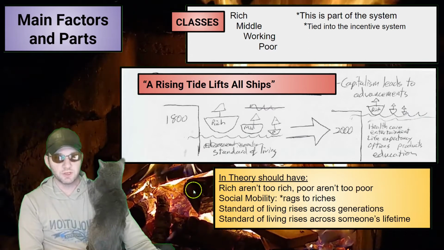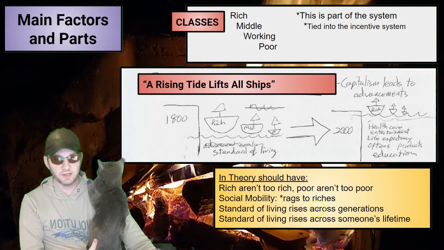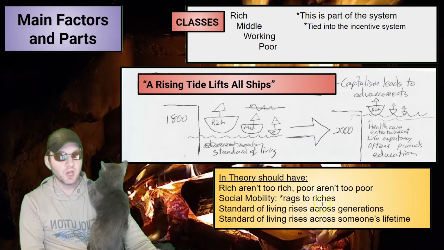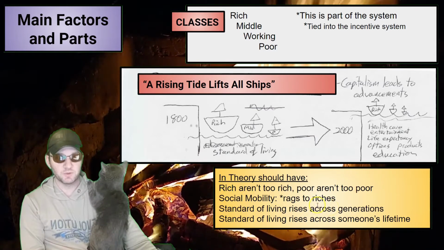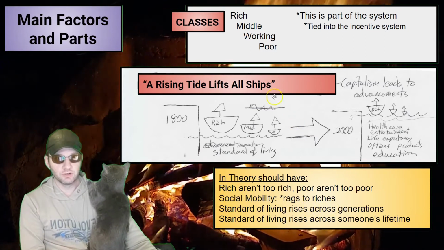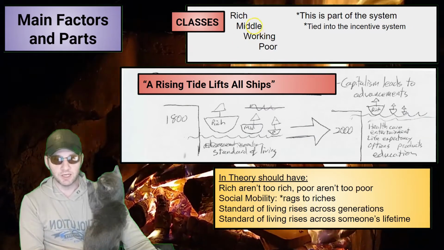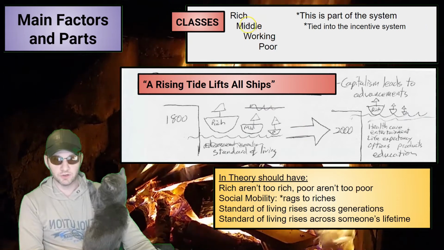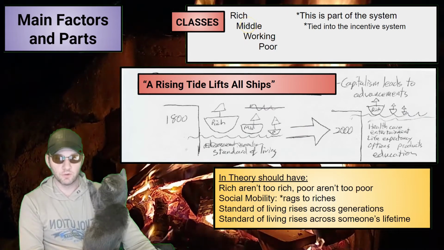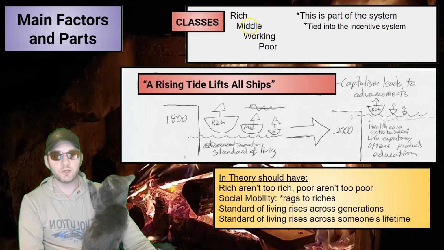So this used to be that the standard of living rises across generations. But now, because the advancements are so quick, you can start your life as middle class, and even if you never accumulate more money, in 20 or 30 years, the things you have are going to be so much better than when you started.